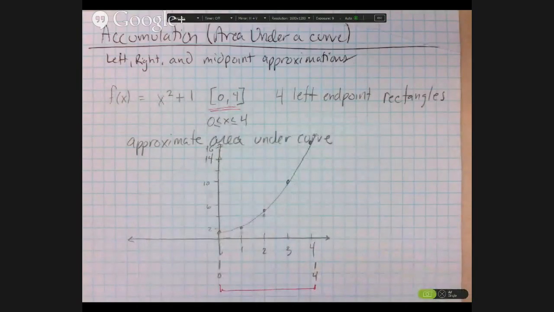Okay. You plug in the numbers, right? Plug in the numbers?